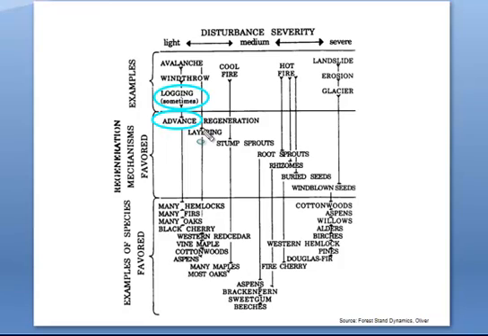Let's say we have a white pine overstory, and you may have, for example, black spruce, white spruce, balsam fir in the understory, because they're very shade tolerant. Those species are growing underneath. The overstory is logged. So what species have the advantage?